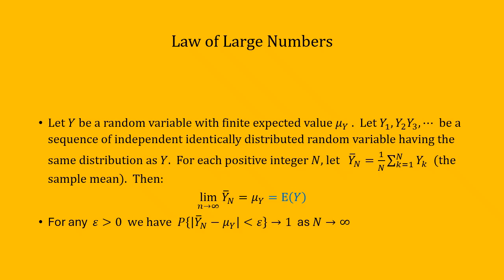Y sub n bar, the sample mean, is 1 over n times the sum k equals 1 to n of y sub k. So we have lots of sample means, one for each value of capital N. Then the limit as capital N goes to infinity of the sample mean y bar sub n is the mean mu sub y of the random variable y, which we also could write as the expected value of y.